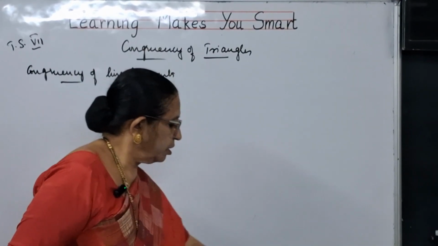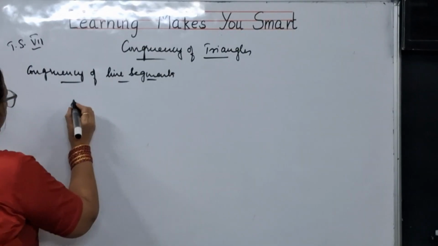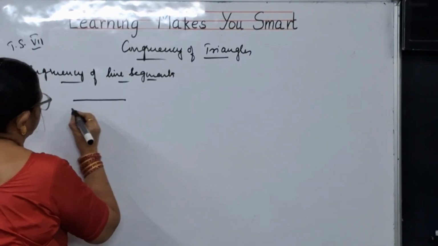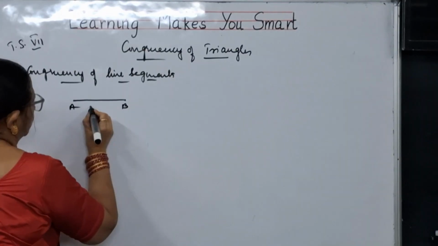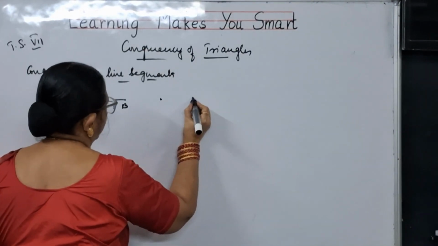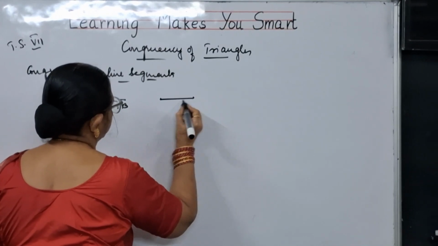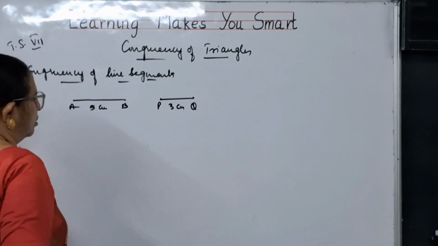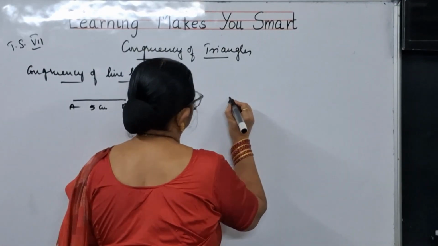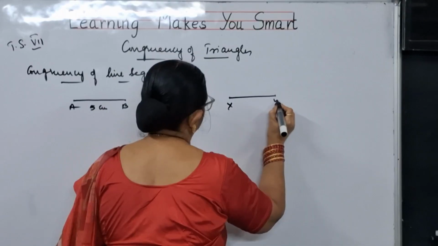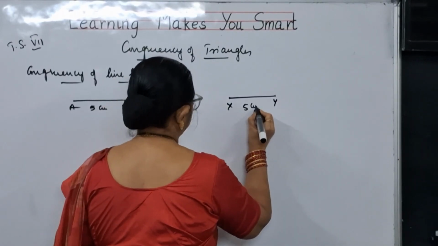That means if you have two line segments, suppose you have a line segment AB, which is 5 centimeters, and another line segment PQ, which is 3 centimeters, and you have another line segment XY, which is 5 centimeters.